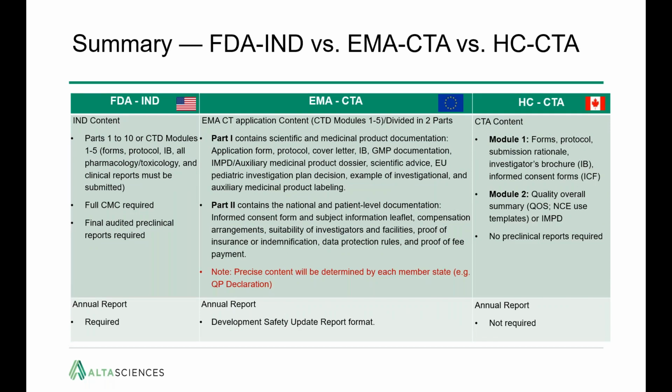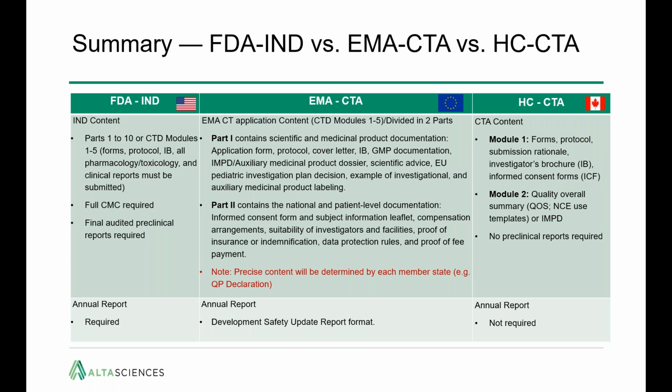The CTA content, as I've mentioned, fundamentally, one is dealing per trial, the other is by program, and that is fundamentally one of the driving differences. There is a more elaborate annual reporting process for the FDA, whereas in the other agencies, there would be a submission per trial.